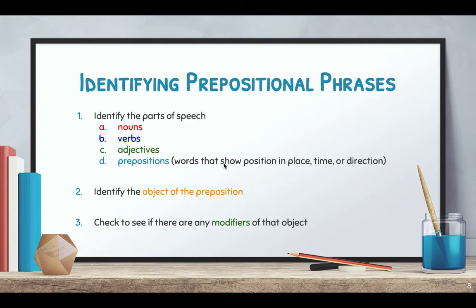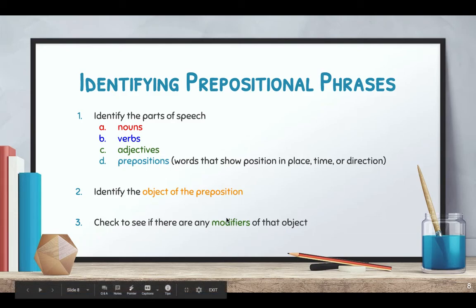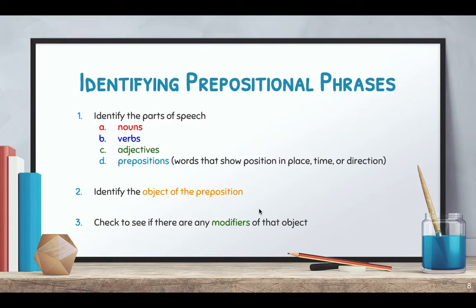And again, those are words that show position in place, time, or direction. So the next step, we want to identify the object of the preposition. So what is the noun in that prepositional phrase? Then see if there are any modifiers to that noun. Are there any adjectives that are describing that noun in the prepositional phrase?